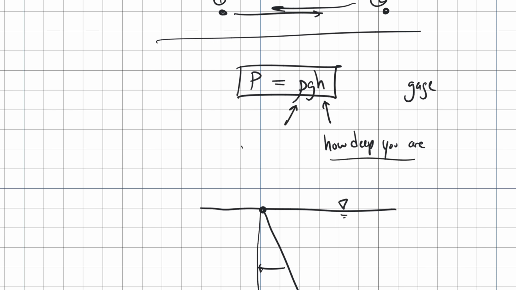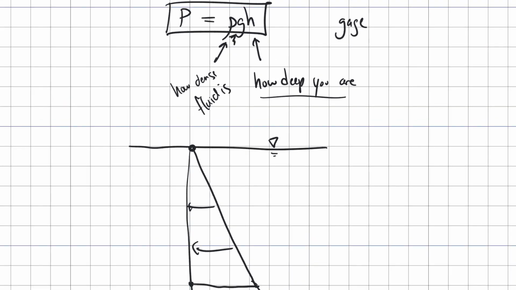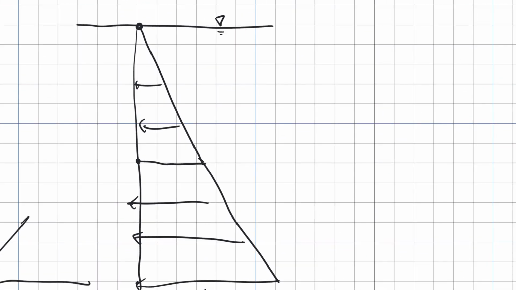The rho is how dense the water is, or how dense the fluid is. The way that plays in is that it can be thought of as the slope of this line. The g is constant, so this is the slope of this line. If the fluid is denser, the line might be like this. This is for a denser fluid.